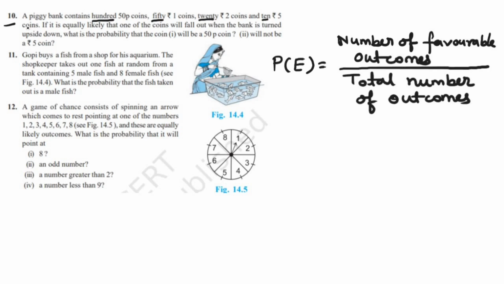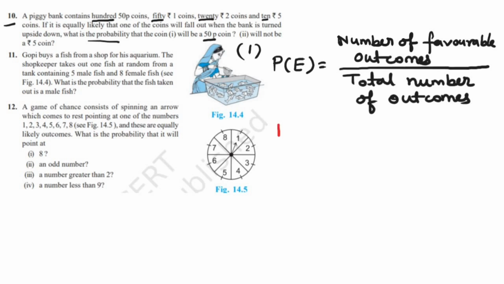If it is equally likely that one of the coins will fall out when the bank is turned upside down, what is the probability that the coin will be a 50 paisa coin in the first bit and in the second bit will not be a 5 rupees coin? So answering the first one, while answering, we have to first write the formula that we use to find probability of happening of an event.